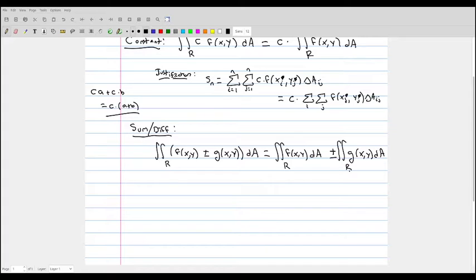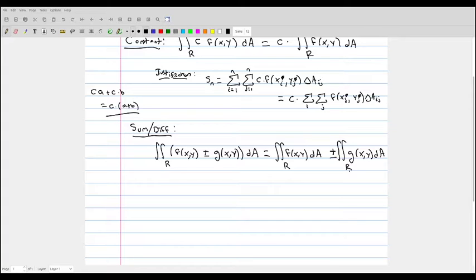This is very, very useful. It says that if you have the sum or difference of a number of different functions, you can actually just consider each one individually and do each one individually. So again, this rule is very similar to the rule for single variable integrals. Not only that, the justification again is similar.